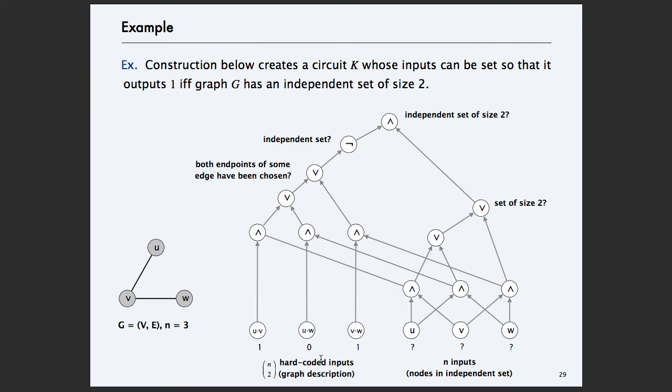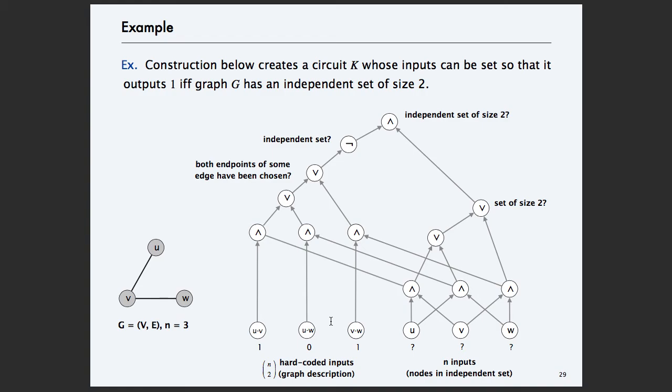There is an edge from U to V, so we'll have a 1 for the UV node at the very left. There is no edge from U to W. There is an edge from V to W.